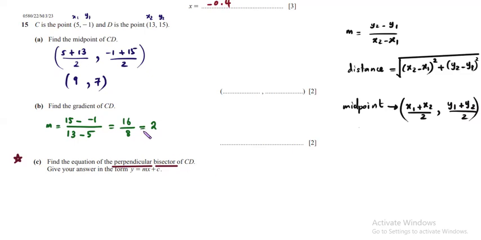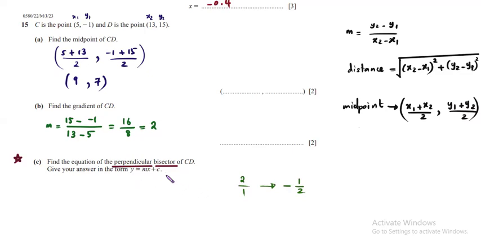The gradient is given to us as 2. The denominator of that is 1 if there's no denominator given. To find the negative reciprocal of this means we flip the fraction, so it becomes 1 over 2, and change its sign. This 2 is positive, we change its sign, so that's going to become negative, which means this will be the gradient of the perpendicular line.